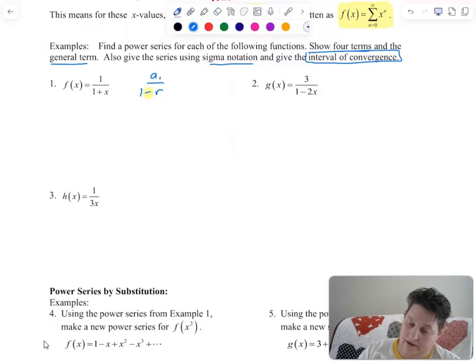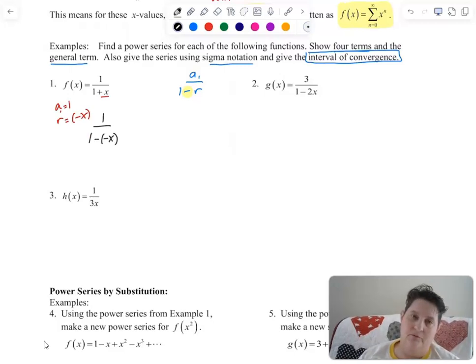So in order for this first one to match the pattern, a1 is 1 and r is actually negative x, because that way when I write this as 1 over 1 minus negative x, it becomes 1 over 1 plus x.